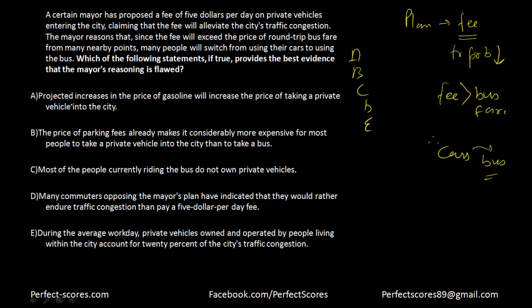It says projected increases in the price of gasoline will increase the price of taking a private vehicle into the city. Now this information may weaken it, may strengthen it, but it has absolutely nothing to do with the fee of $5 which is being levied. So that means A is totally irrelevant.